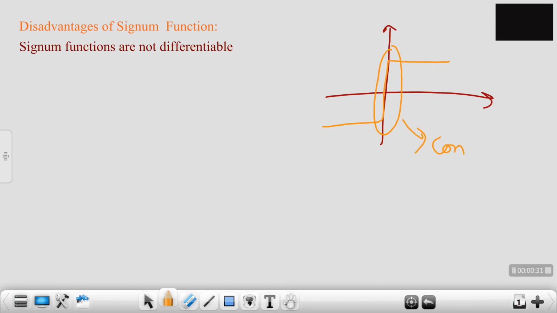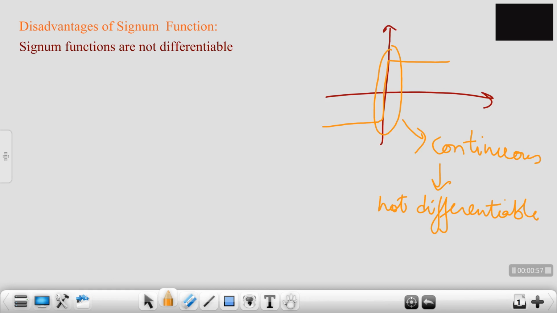The signal is not continuous, so it is not differentiable everywhere. Because of this, you cannot find the derivative of the Signum function or step function. That is the reason it may not be used everywhere in neural networks.